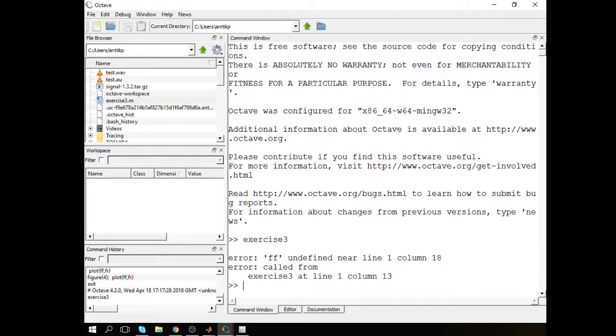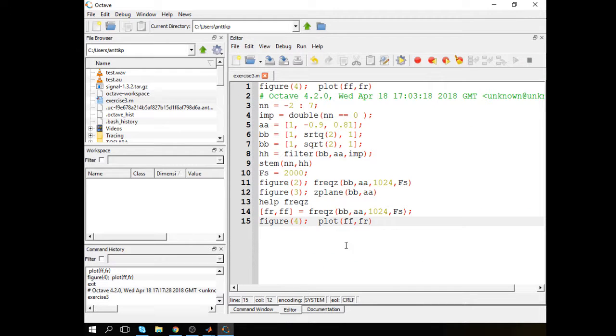What? Undefined. FF undefined. Why did it give me that?